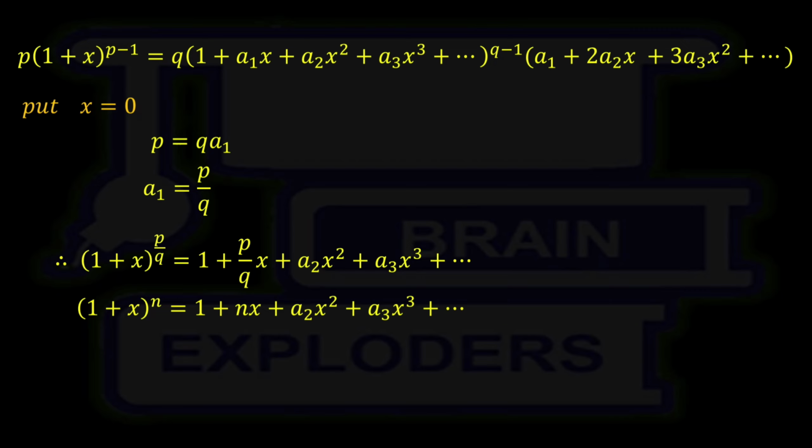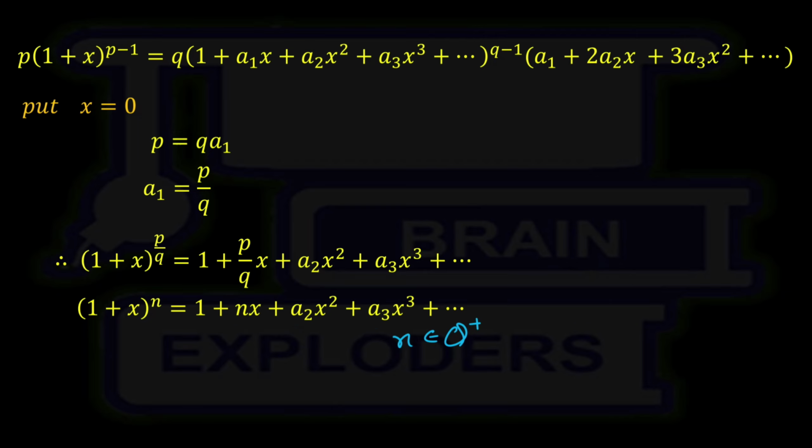Okay, so here we get that this formula is now working for n belongs to positive rational numbers, and we have come up with these first two terms, a0 and a1, and the remaining terms are still uncalculated.